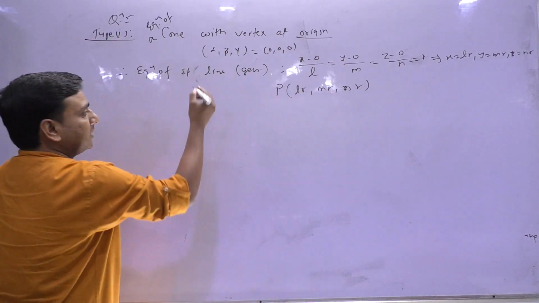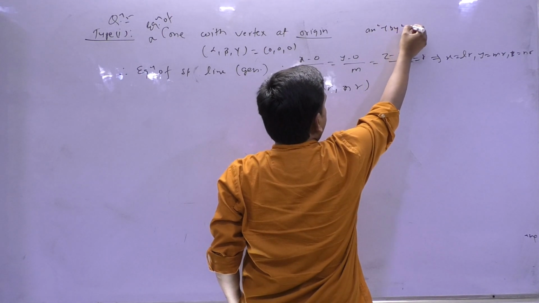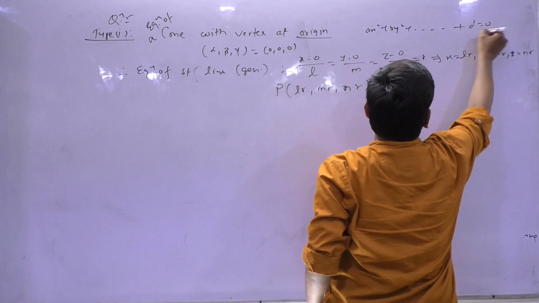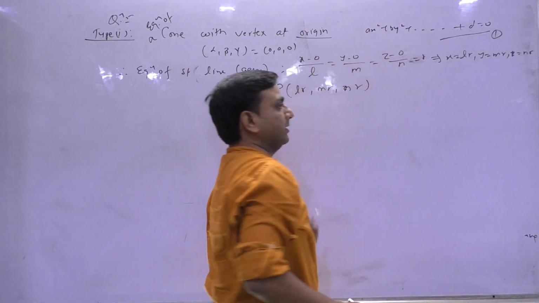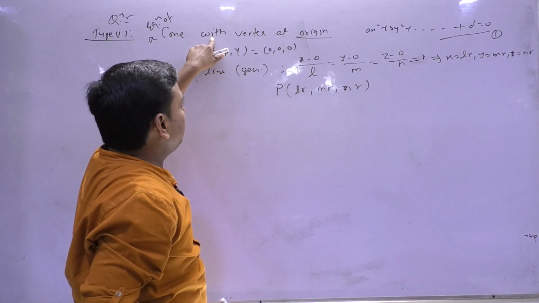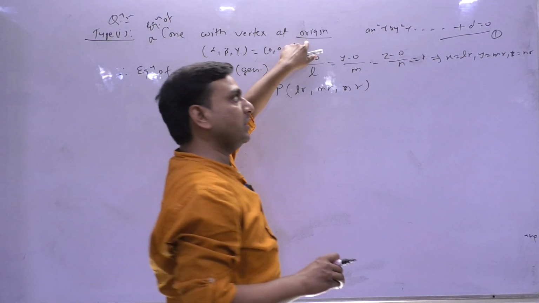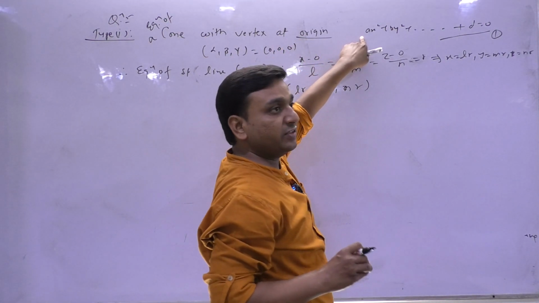And the guiding curve is that one only, ax² plus by² plus cz² plus 2fyz plus 2gzx plus 2hxy plus 2ux plus 2vy plus 2wz plus d equals 0, which we took as equation 1 earlier. If the cone has its vertex at the origin, it passes through the origin.